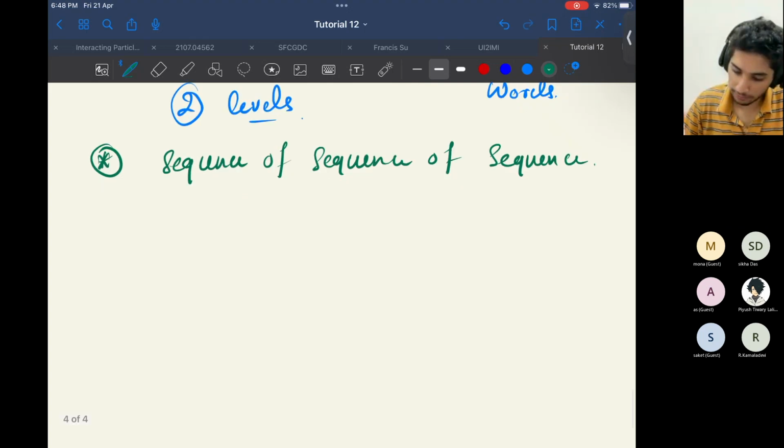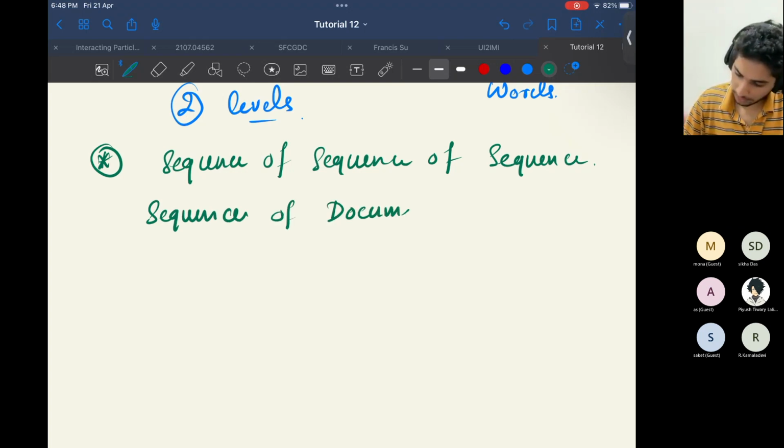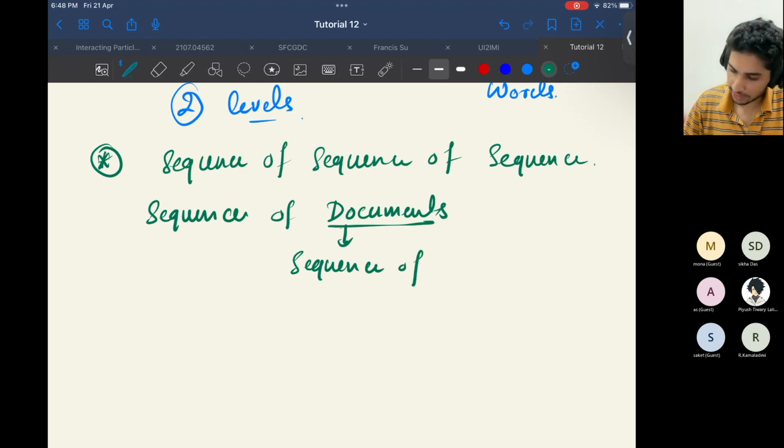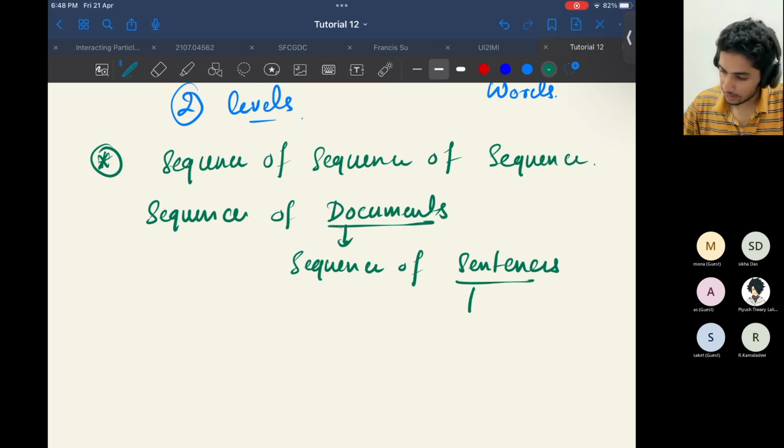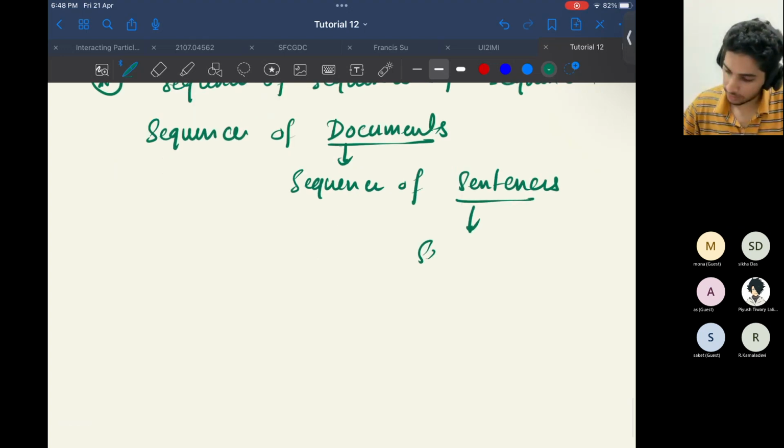So maybe you can think of something like a sequence of documents, right? And what are documents? Documents are a sequence of sentences. And what are sentences? Sentences are nothing but a sequence of words.